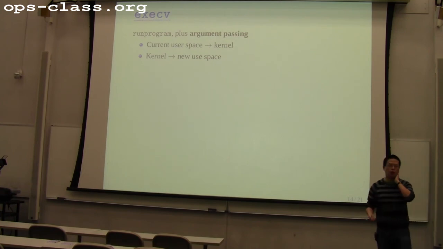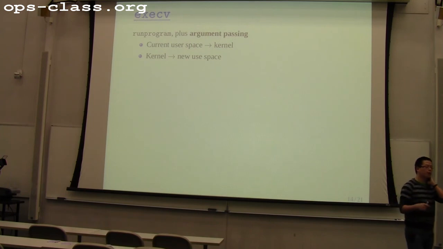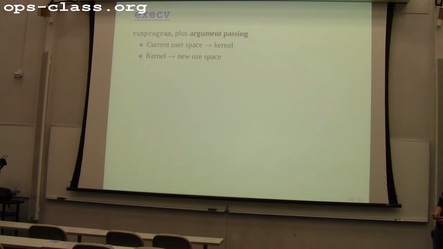When the user calls exec, the user passes in a pointer to the arguments. You need to make sure all the arguments are correct by copying them to kernel space, and then before you enter the new user space, you need to copy the arguments back out to the new user space. So the two copies are the difficult part of this exec syscall.